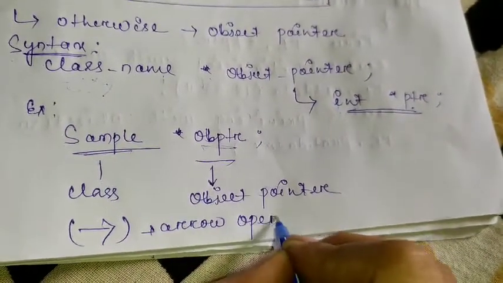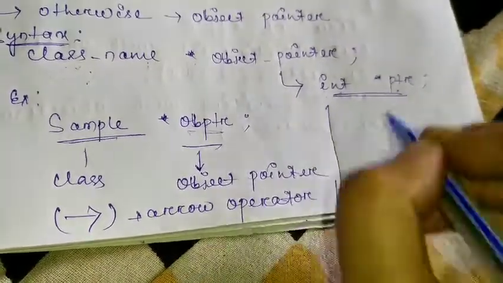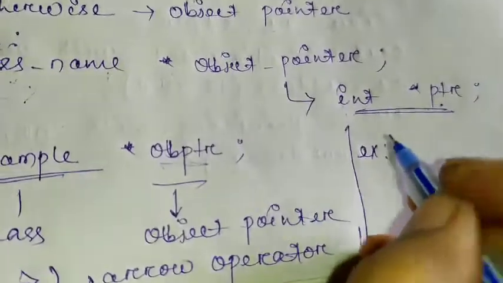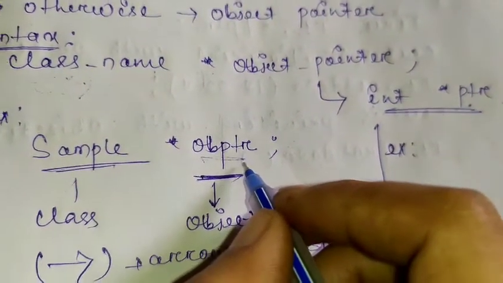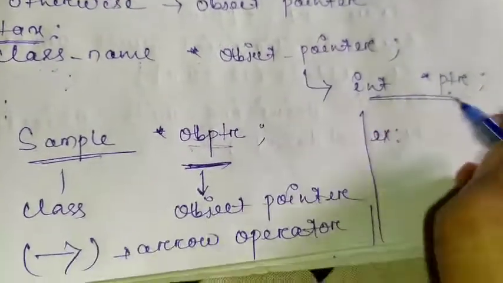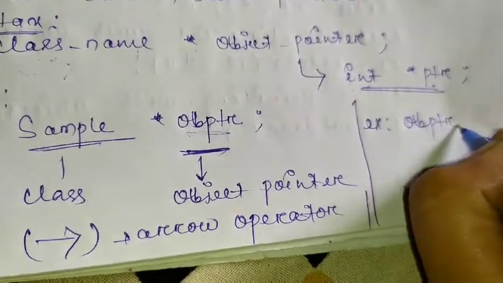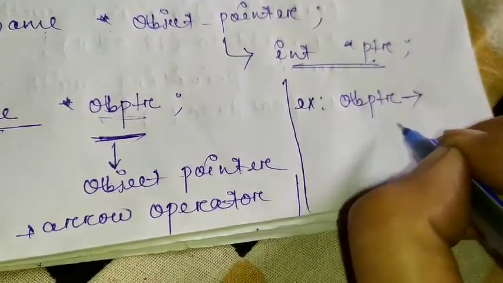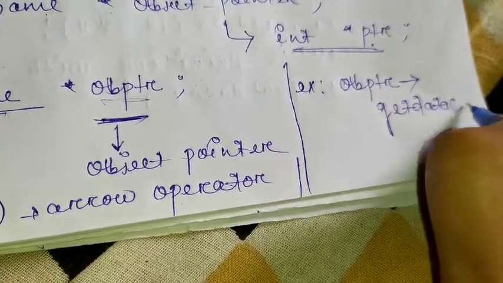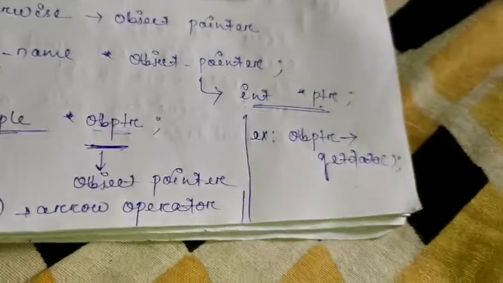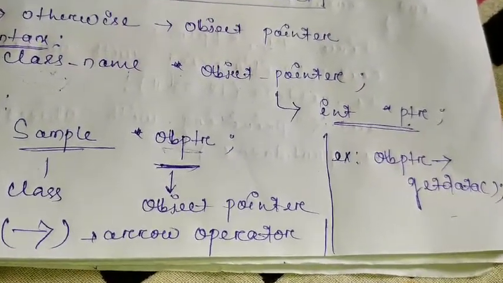For example, let it be the pointer, and through this we will call a function, let's say get data. So we will use the object pointer like this. This is the syntax of calling any type of data members by using object pointers.